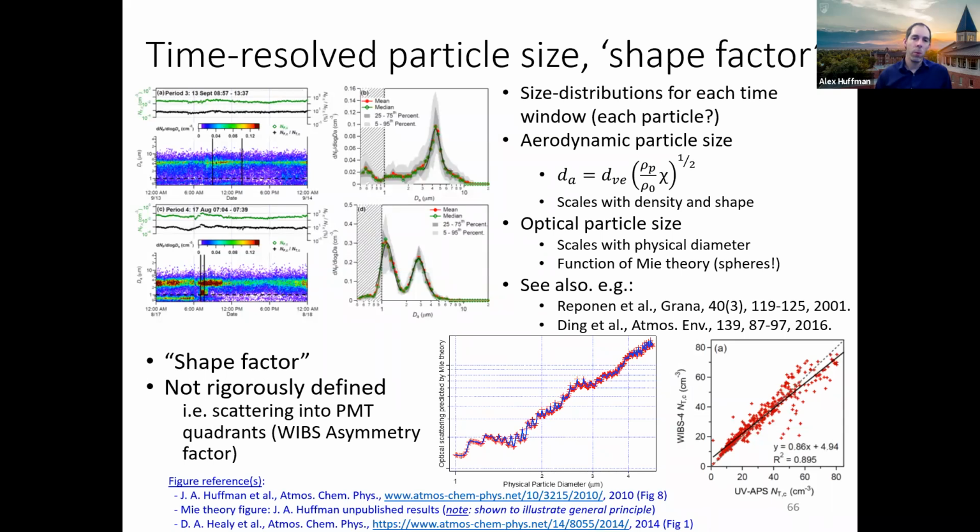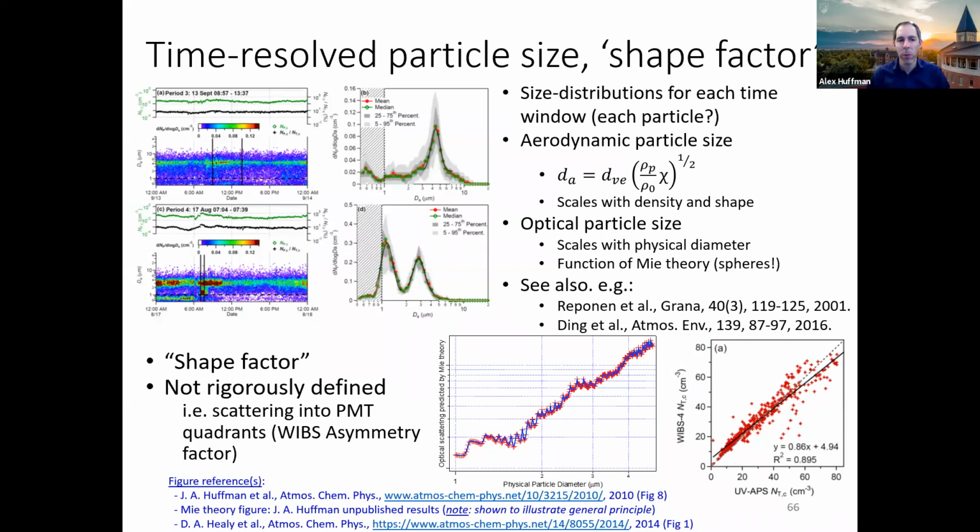And so like a lot of particle instruments, you have to pay attention whether it's aerodynamic size or what type of particle size. I'm not going to get into that right now, even though I put it on the slide. Most of these use something called optical particle size, where you make an inference of what the physical size is based on the amount of optical scattering that comes out.